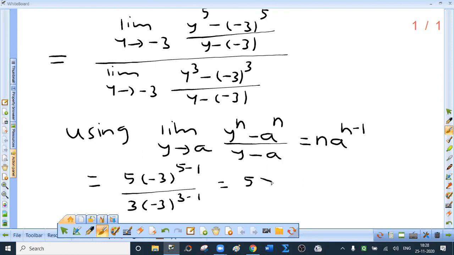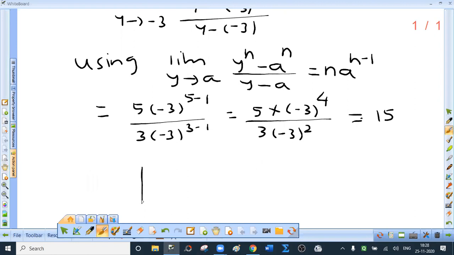That is 5 into minus 3 raised to 4 upon 3 into minus 3 square. So tell me, what is the final answer? Final answer will be just 15. Yes, 15 is the final answer. So you have to write this as L equal to 15.